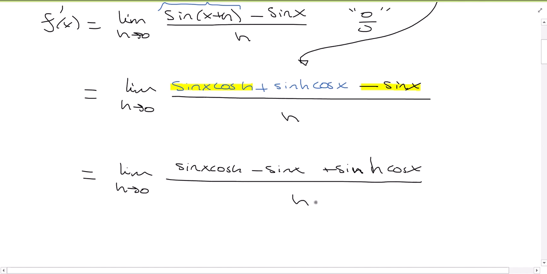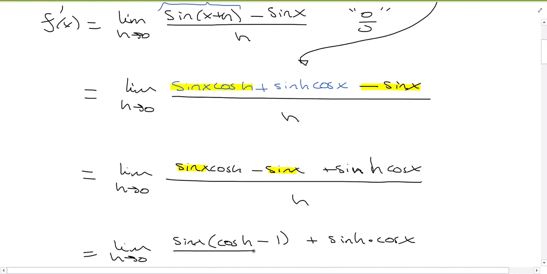And so now notice that I can factor out the sine x from these two terms. So let's do that. I'm going to have the limit as h goes to 0 of sine x, factor that out. I'm left with cosine of h minus 1. And then I have plus sine h times cosine x, and the whole thing is still over h.